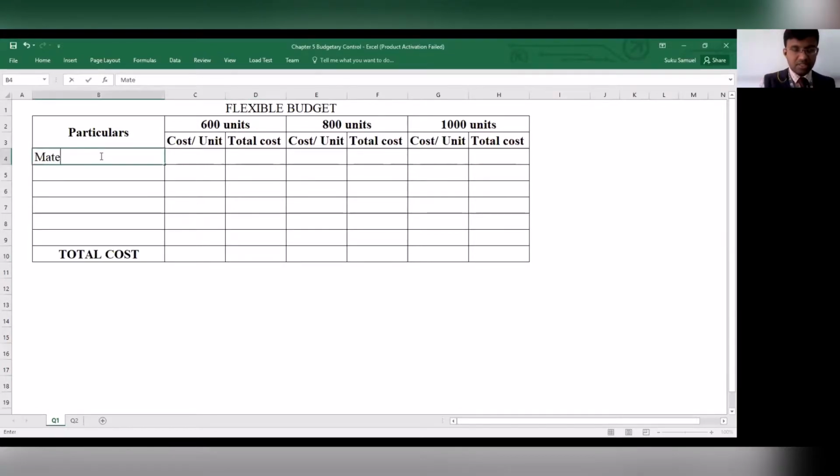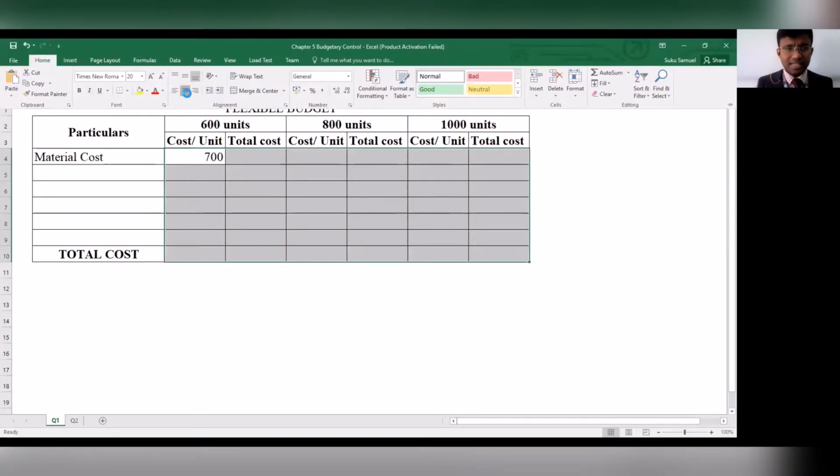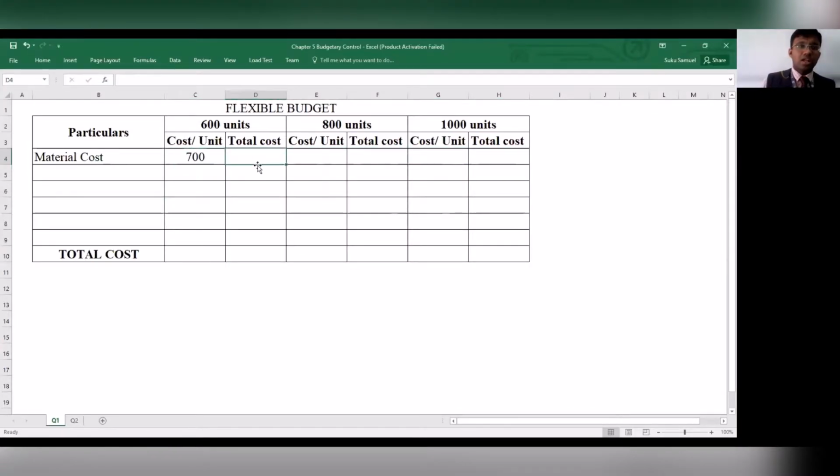The first cost is material cost. We all know that material cost is a variable cost. So material cost is 700 rupees. Now, how do you calculate the total cost?